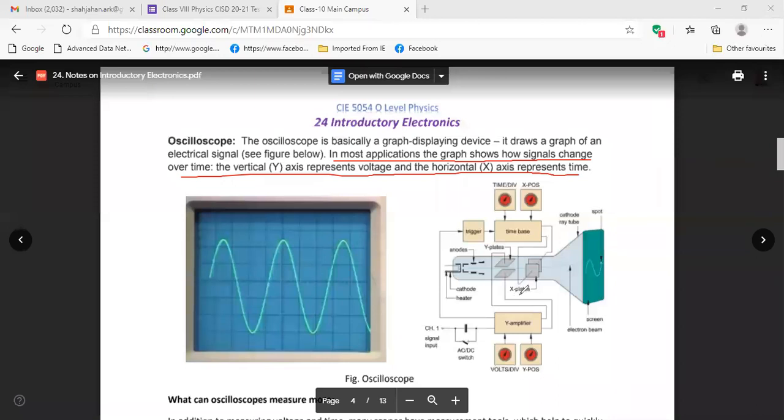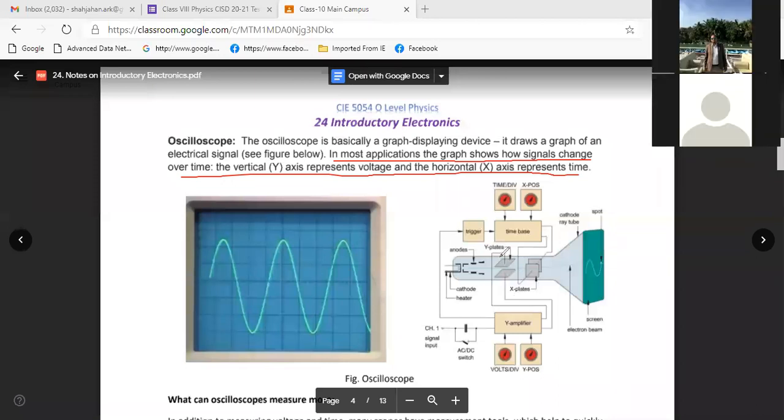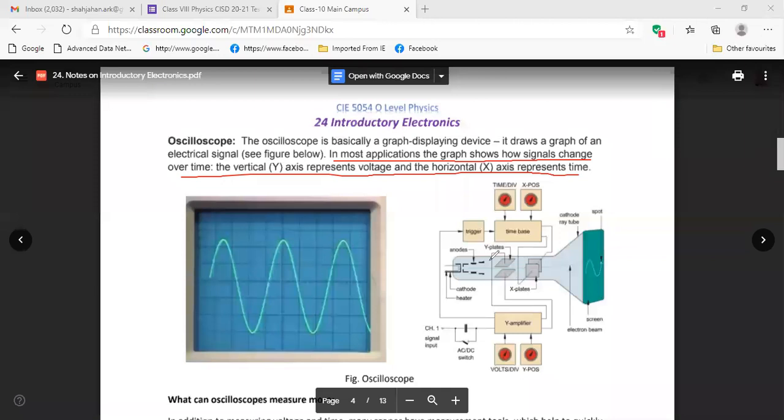One is the X plate, another one is the Y plate. The Y plate is connected to voltage. Here is volts. And the X plate is connected to time base, time divisions.